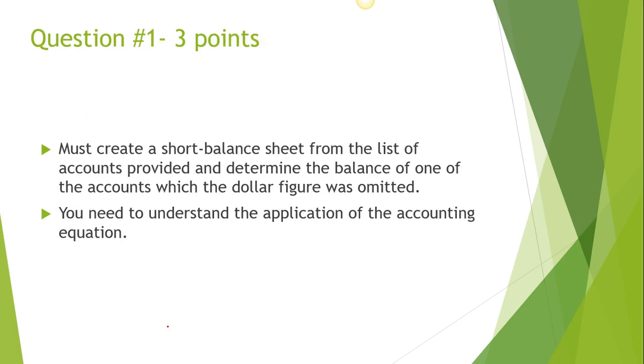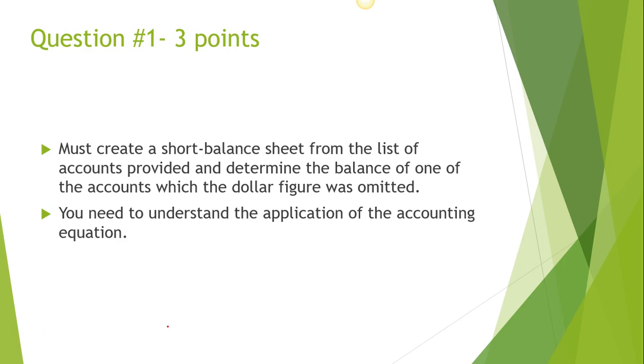Question number 1 is 3 points. What you're going to have to do here is create a short balance sheet from the list of accounts they provided you and determine the balance of one of the accounts which the dollar figure was omitted. Basically, this is the application of the accounting equation.